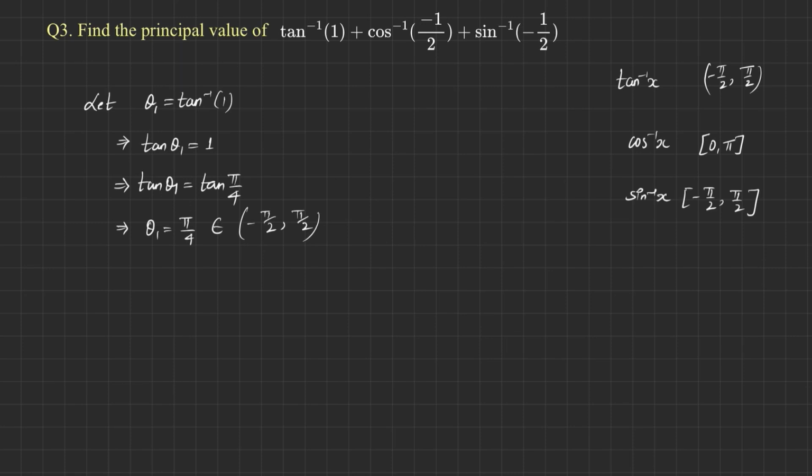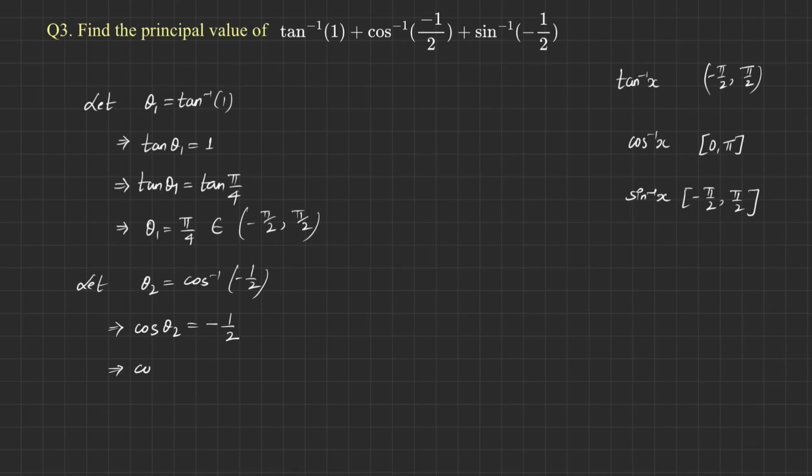Now second is to find the value of cos inverse of minus 1 over 2. So let theta 2 equal cos inverse of minus 1 by 2. Therefore cos theta 2 equals minus 1 by 2.